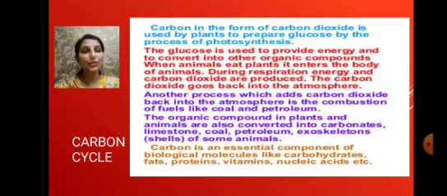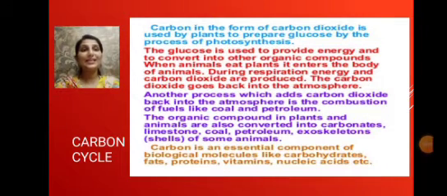Okay, so there are two purposes of this glucose. It is a source of energy, and also this glucose is converted to other organic compounds, and thus plants satisfy their needs with the help of glucose, which is prepared by them through photosynthesis.